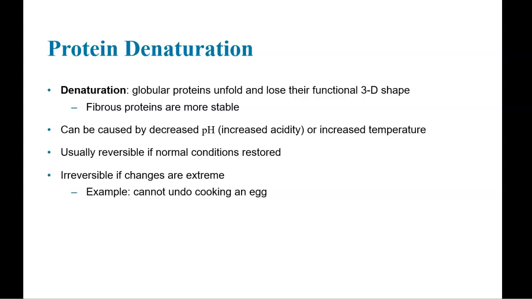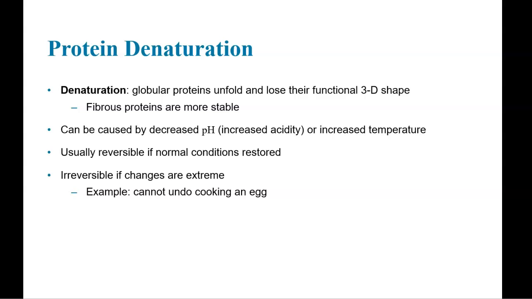Globular proteins include things like enzymes. Enzymes are globular proteins, and also insulin. The denaturation of these proteins can be attributed to a decrease in pH or an increase in temperature.